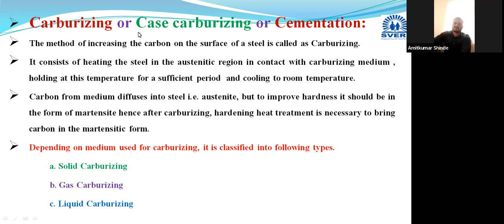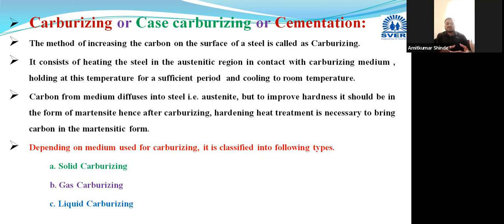All these are names for the same method. What is this carburizing? The method of increasing carbon on the surface of steel is termed as carburizing. And now, how is this carbon introduced on the surface of the steel?